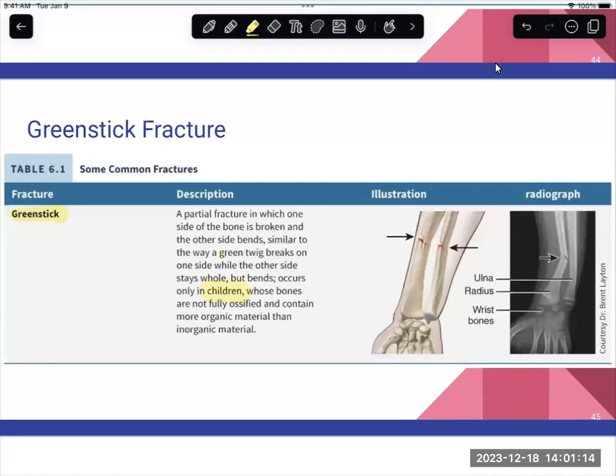It's named green stick because of those green twigs, which only break on one side. It's considered a partial fracture, where just one side of that bone is broken and the other side just bends. Again, most commonly found in children.